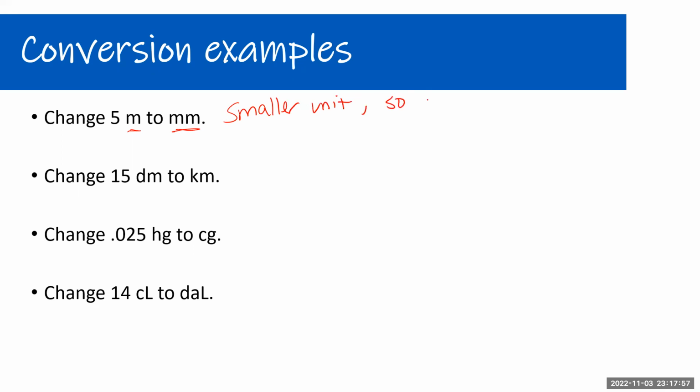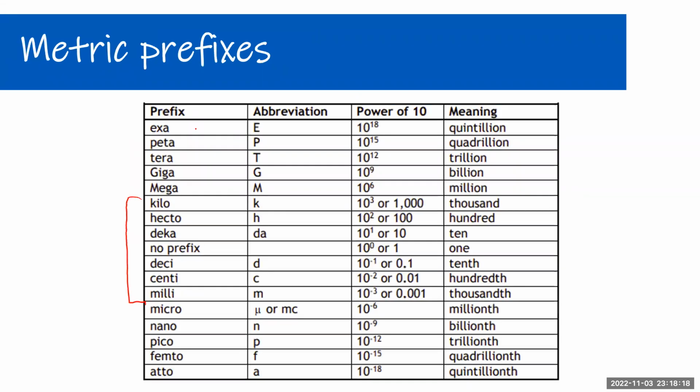And so we remember down right. Okay. So we know we're going to move our decimal right. Meters is our base unit, so it's going to be 10 to the 0. If we look back at our chart, we'll see that millimeters is going to be 10 to the negative 3. Now, if you need to look at the chart for right now, obviously that is fine. 10 to the negative 3.